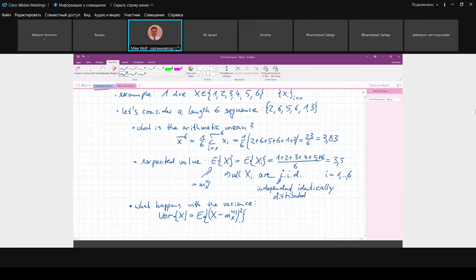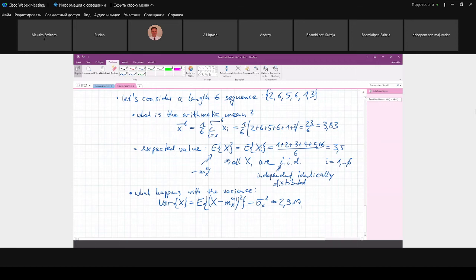This is called variance, and this is nothing else than the standard deviation squared. You've seen this, I guess. And this is for this dice throw. If you calculate this, it is nearly 2.917.